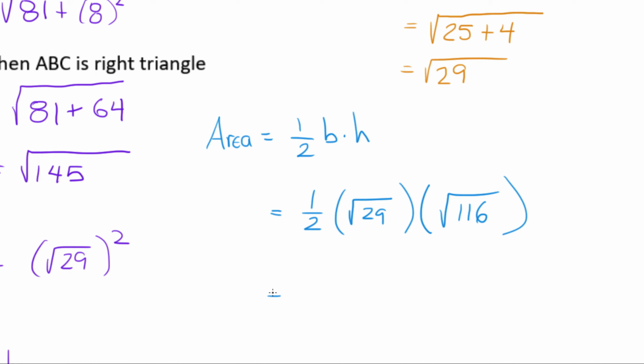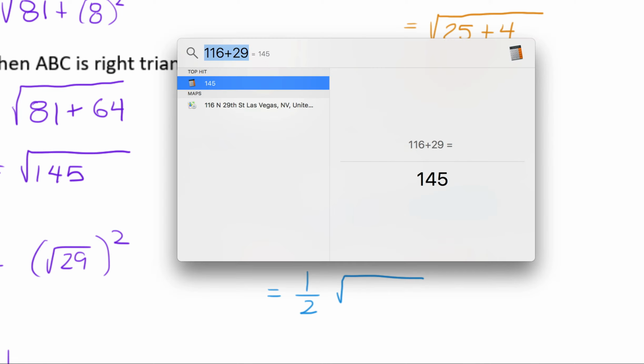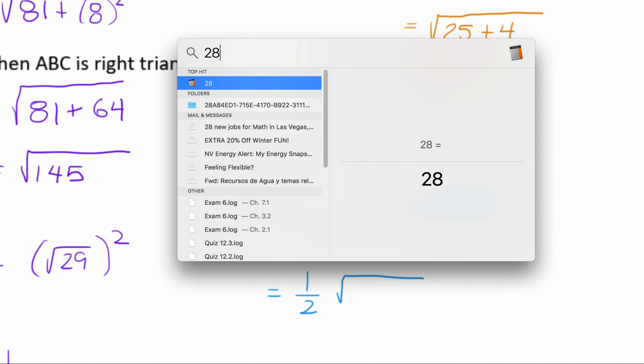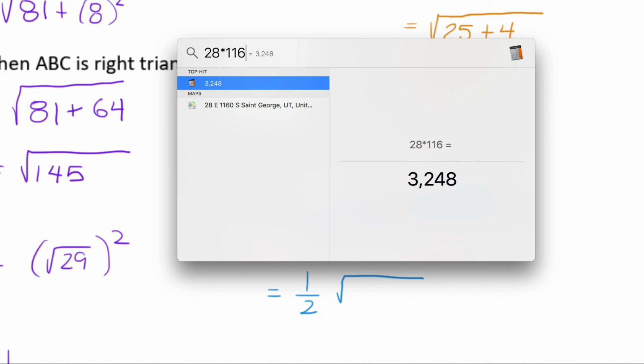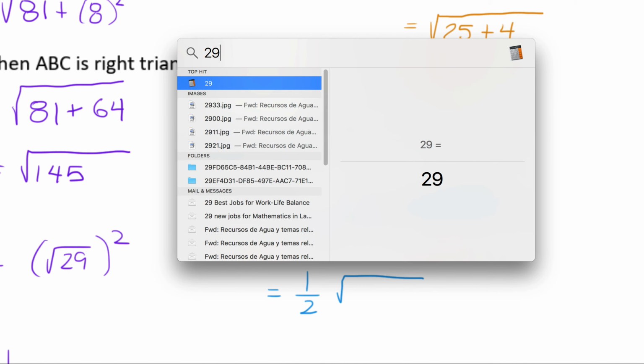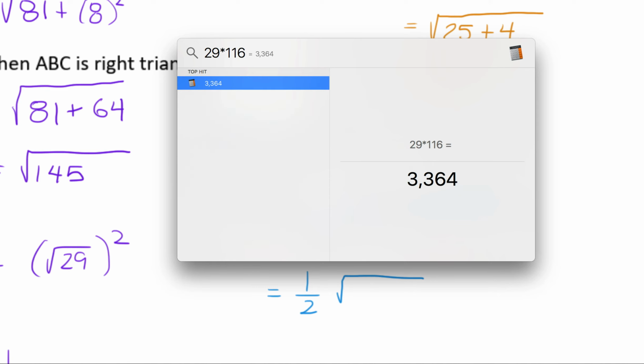Okay, and then that equals, you cannot divide the 2. Okay, the 2 is not inside a square root, so you cannot divide it by 29 or 116. But you can multiply 29 with 116 inside the square root. So this is equal to, so 29 times 116, oops, wrong number, 3,364.